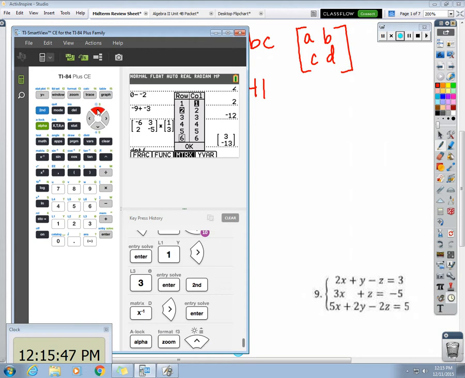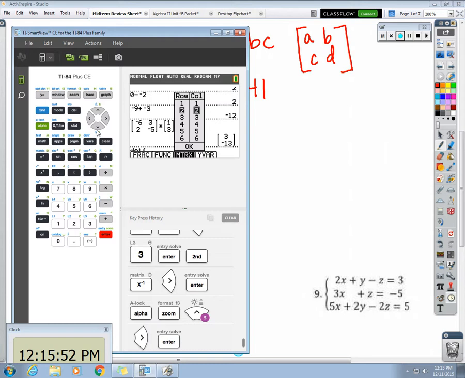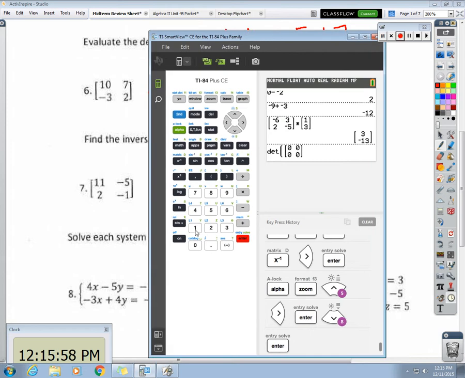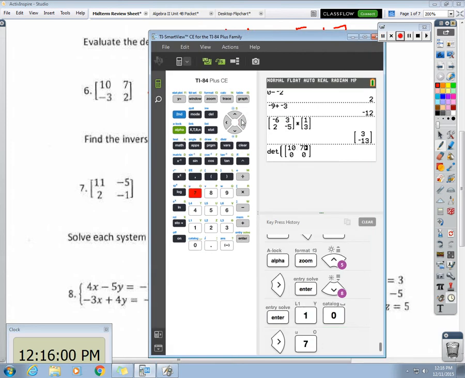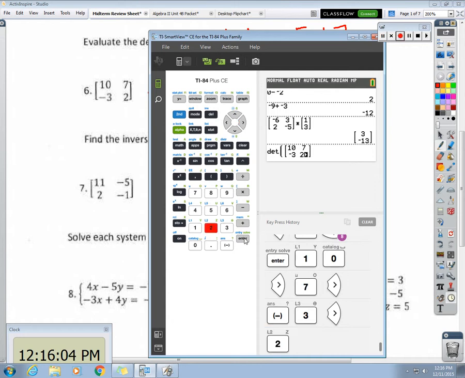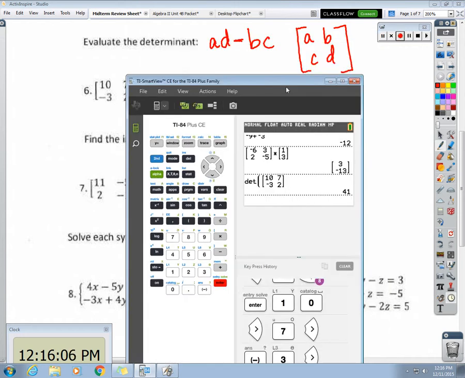So we're dealing with a 2 by 2. And its elements are 10, 7, negative 3, and positive 2. And then you just hit enter and we get 41, just like we got when we did it by hand.